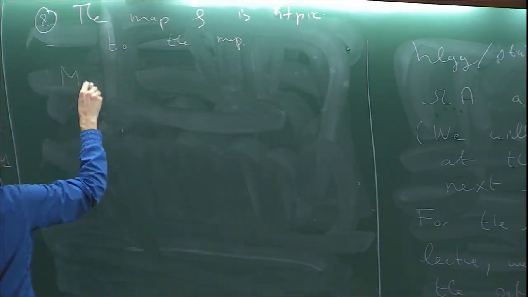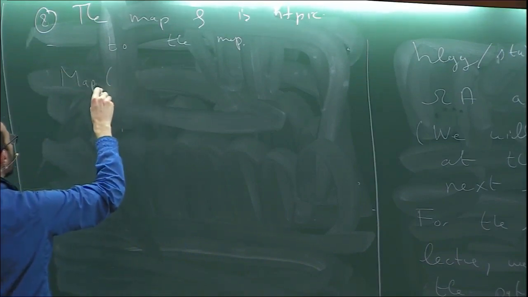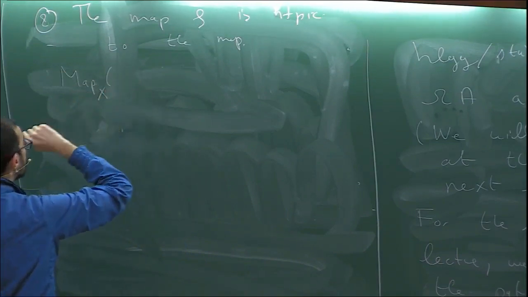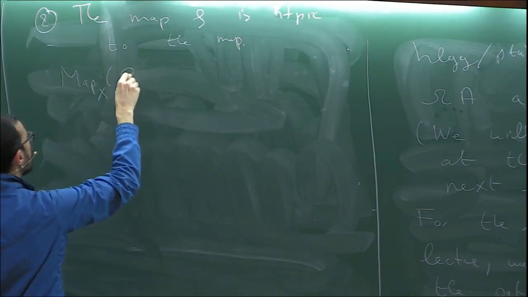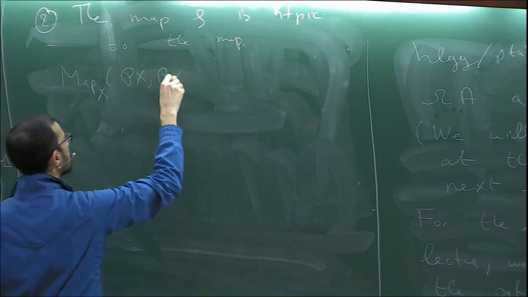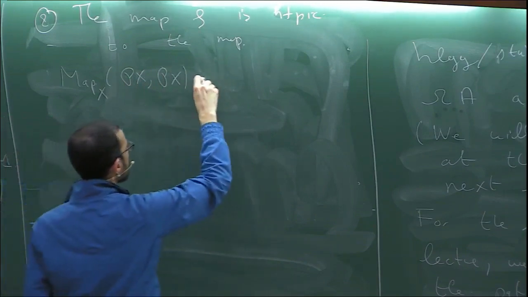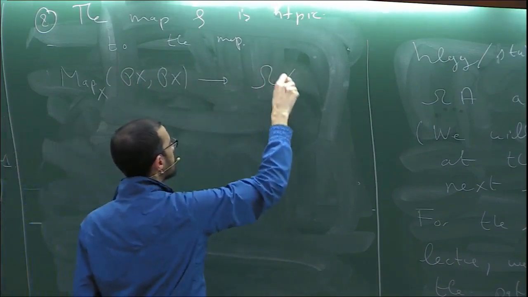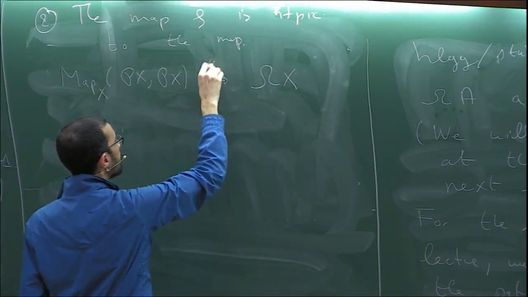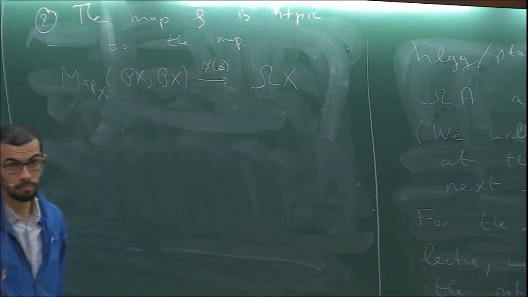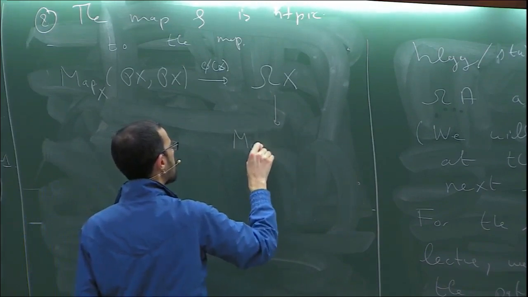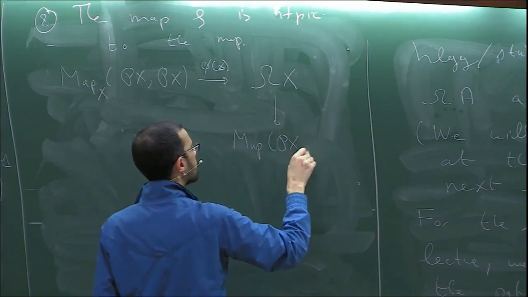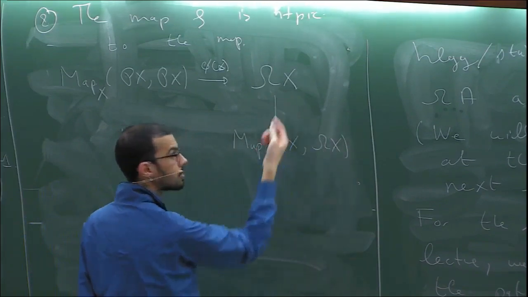So I have maps over X, PX, going to loop X by what we said before, phi of the base point, okay?